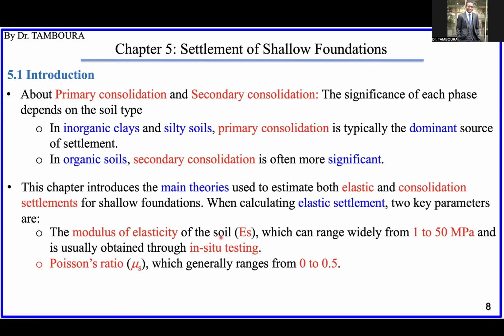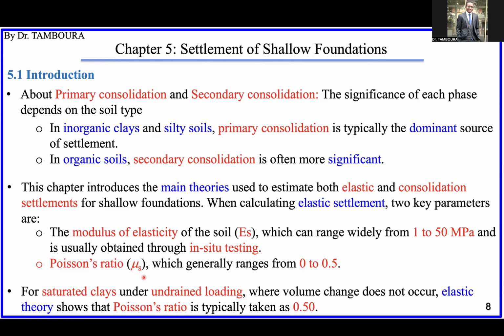So you need these two parameters in case of elastic settlement, the settlement that happens immediately after loading: the elasticity modulus and Poisson ratio. Sometimes the symbol for Poisson ratio looks like a V, okay?